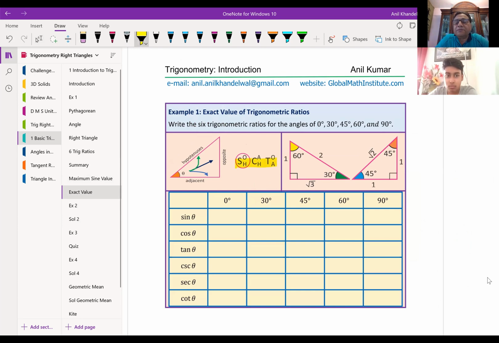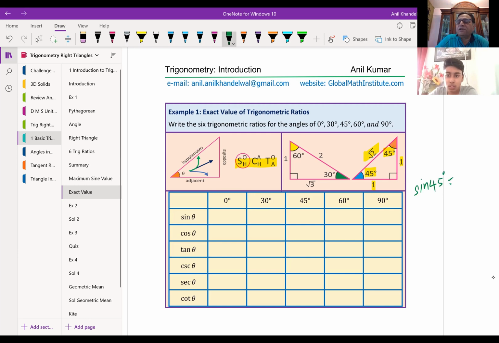Now, if the angle is, let's say, 45 degrees, that means there are two 45 degrees. It's an isosceles triangle, correct? Yeah. If one of the side is 1 in a right angle triangle, what will be the hypotenuse? 1 square plus 1 square, square root, which is square root of 2, correct? So that clearly indicates that sine of 45 degrees is what?